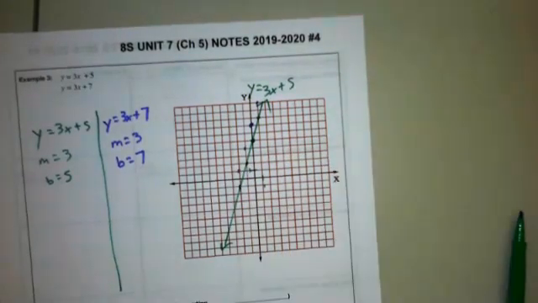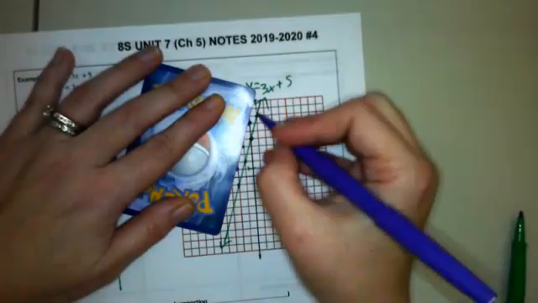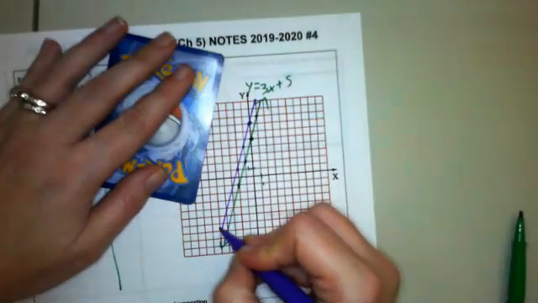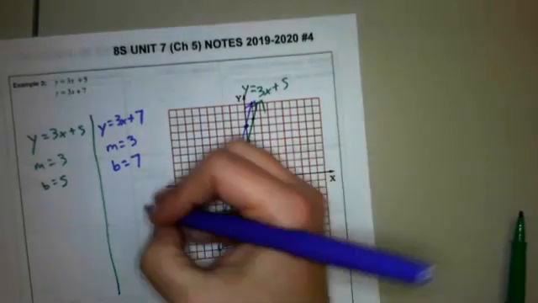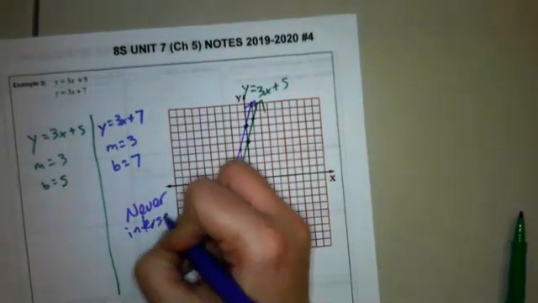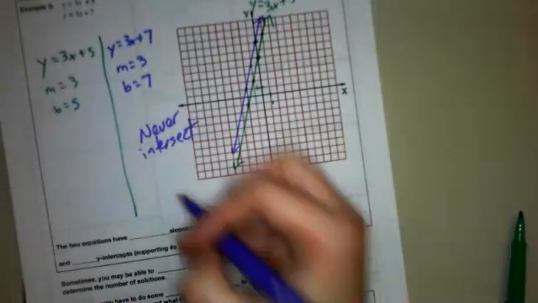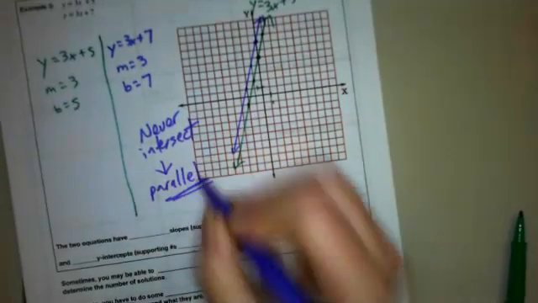And you can see that these two lines are never going to intersect, because they are parallel.